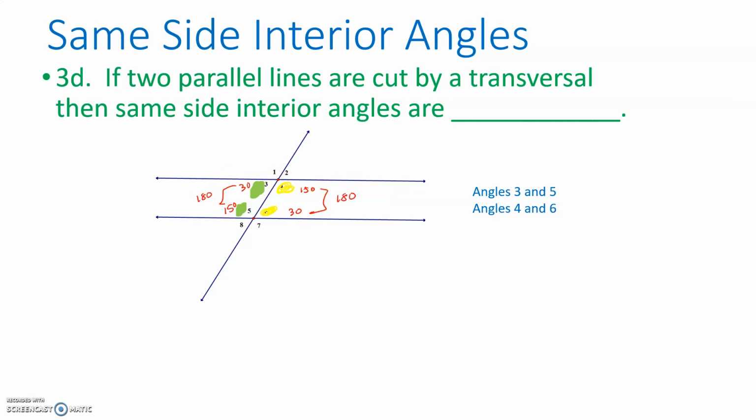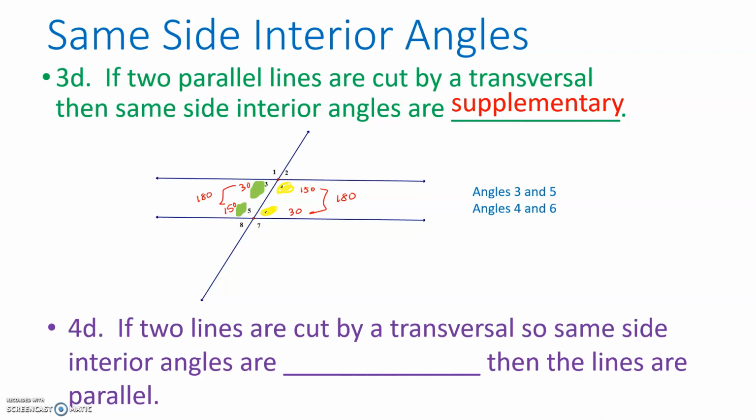So that means that they are supplementary. They add up to be 180 degrees. So if two parallel lines are cut by a transversal, then same side interior angles are supplementary. And then we do the converse. If two lines are cut by a transversal, so that same side interior angles are supplementary, then the lines are going to be parallel. And there is one more conjecture.